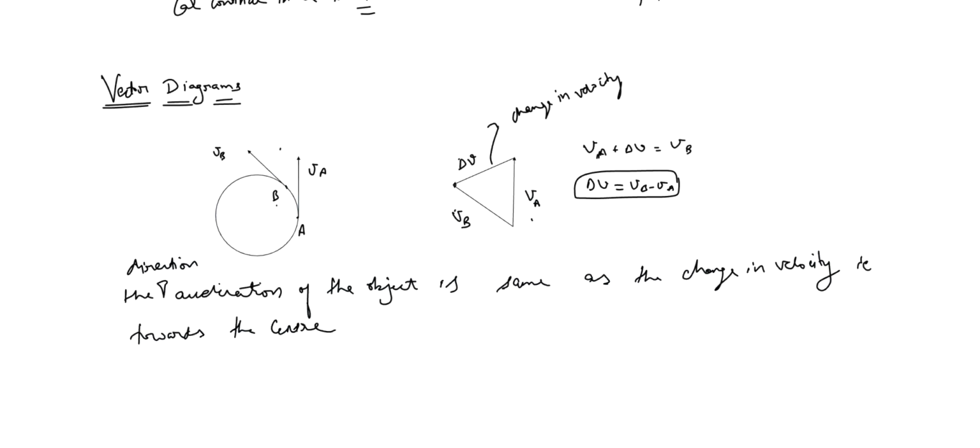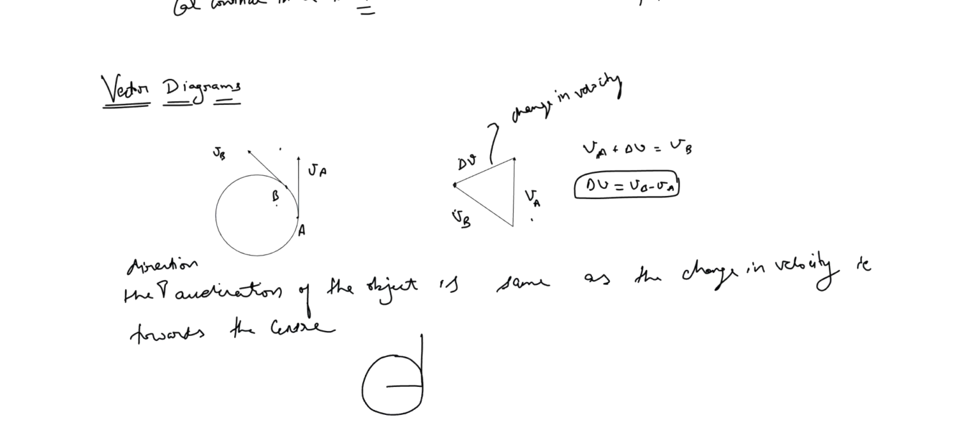Now, if we consider the change in velocity, do you know the relationship between radius and tangent? If this is a circle, radius and tangent are at 90 degrees.